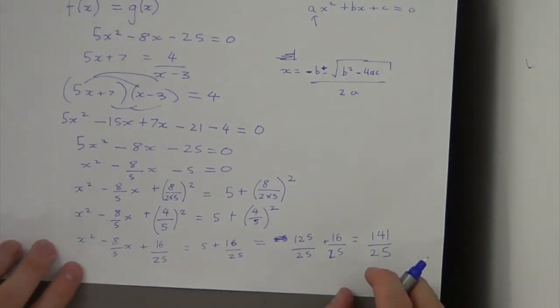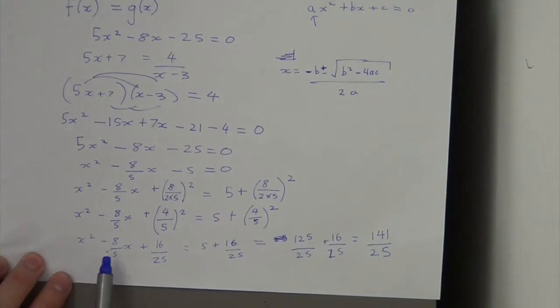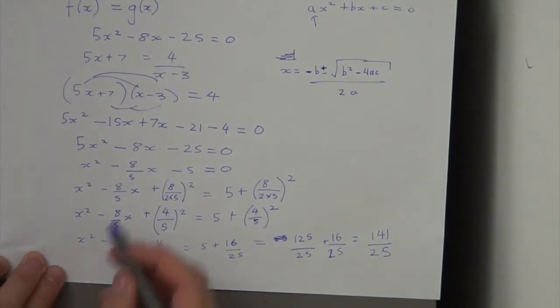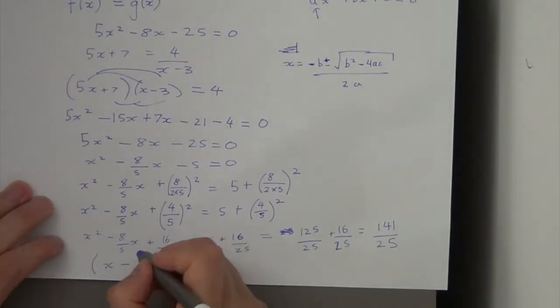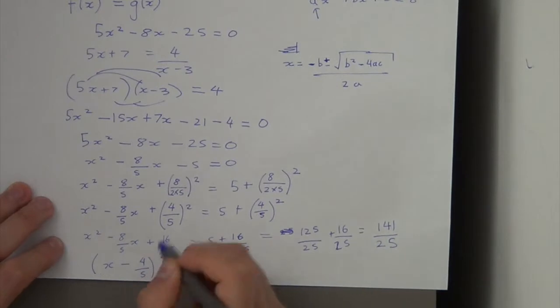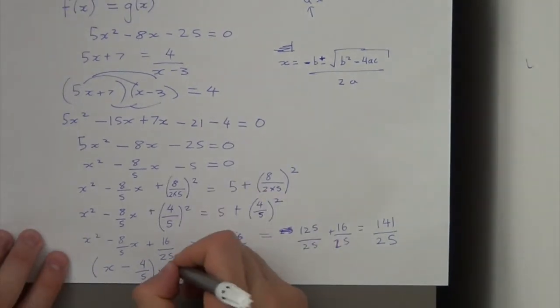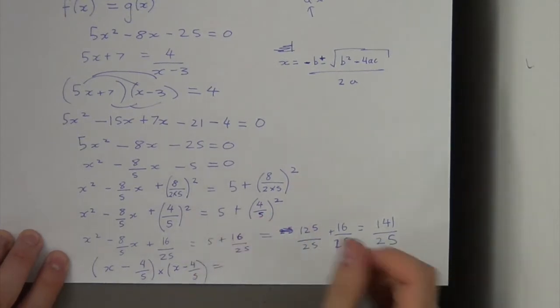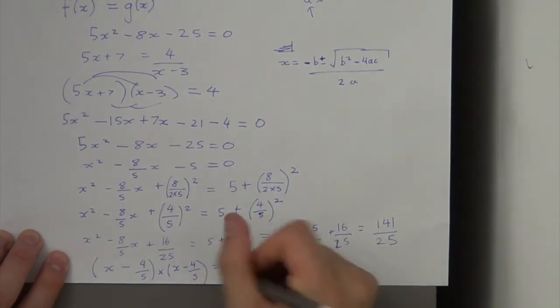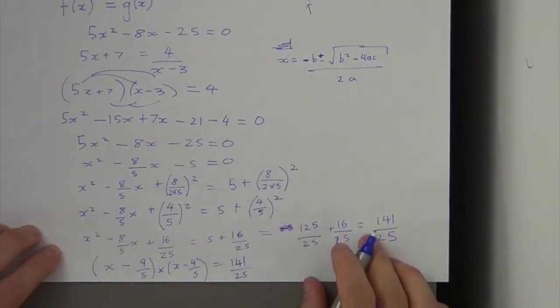Now, x squared minus 8 over 5 x plus 16 over 25, believe it or not, actually equals this: x minus 4 over 5 times x minus 4 over 5, and that's equal to 141 over 25.